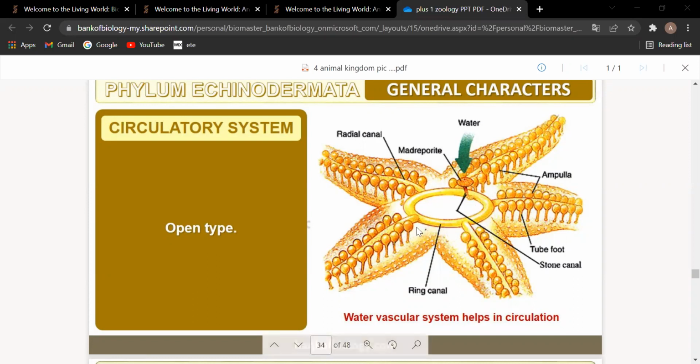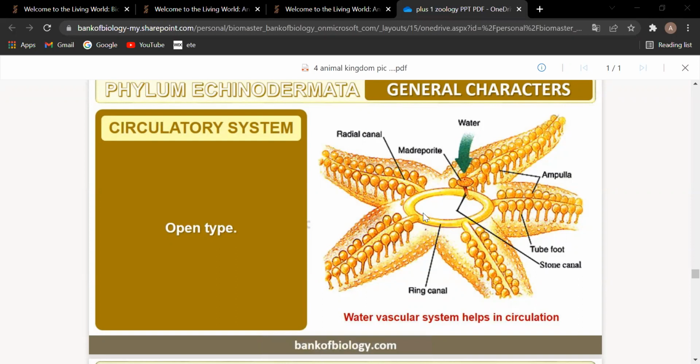Whatever water comes in will get evenly spread out in this ring canal. To this ring canal are attached these five extensions; you can see 1, 2, 3, 4 and 5 coming out.